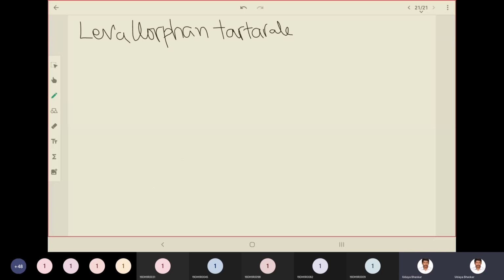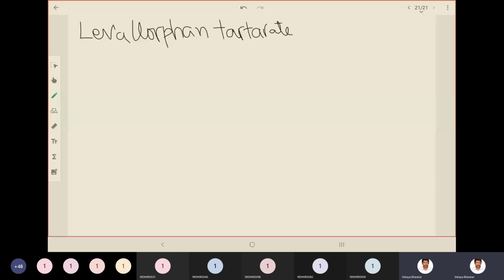So what is the structure of levallorphan tartrate? If you compare it with levorphanol, instead of a methyl group, you have an allyl group. Otherwise, the structures of levorphanol and levallorphan are the same. Only at the position of the substituent attached to nitrogen, it is allyl in case of levallorphan and methyl in case of levorphanol.